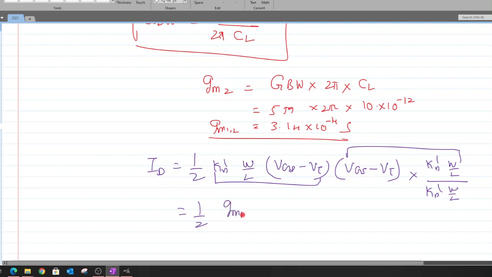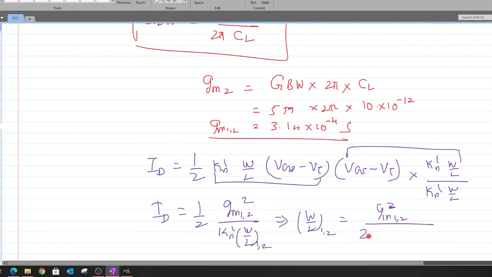So I write it as GM1,2 squared with Kn dash W by L at the bottom and ID towards the left side. From here I could calculate the aspect ratio W by L of 1,2 based on the current, the value of GM, and the value of Kn dash. So we do have to perform some simple math.